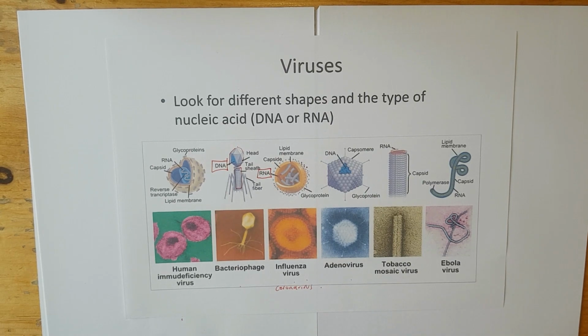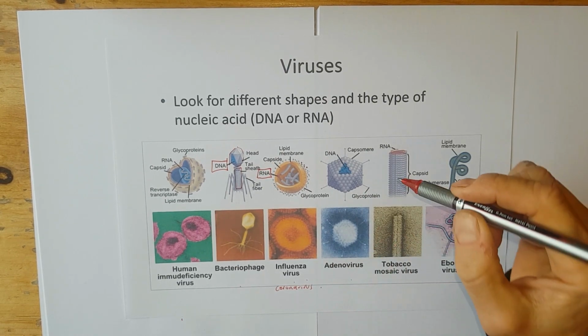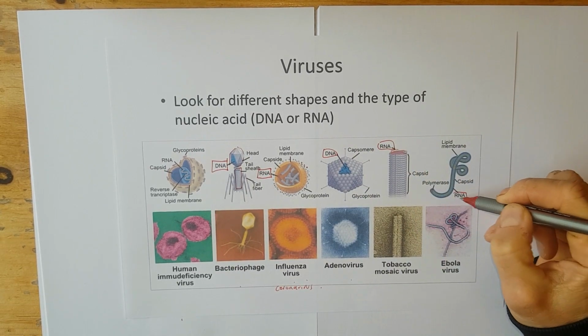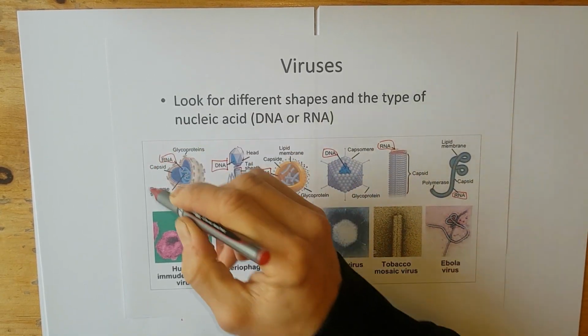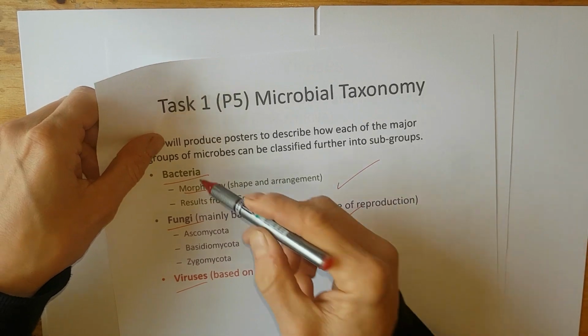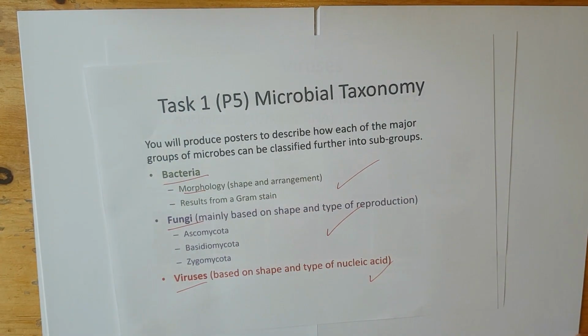So pick a few of those. Just talk about the shape and whether they've got DNA or RNA in them. Do they have a capsid, a lipid membrane, and so on. And that's all you need to talk about the viruses. So for P5, talk about bacteria, fungi, and viruses.